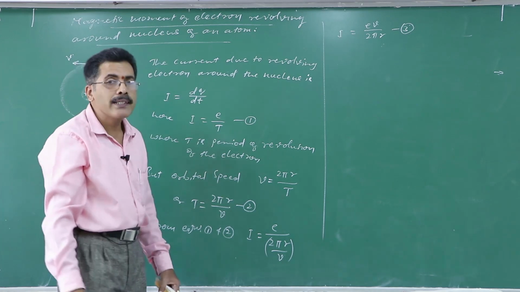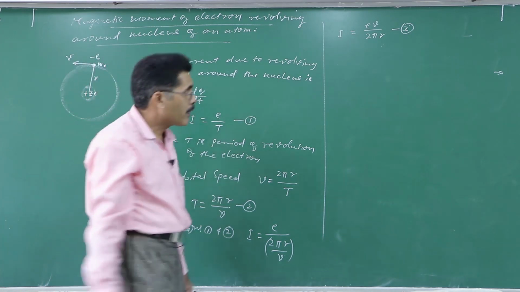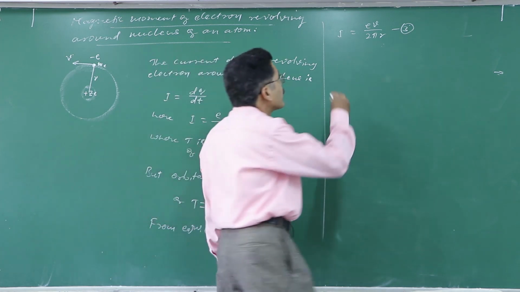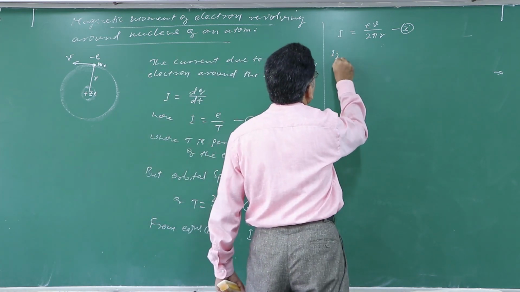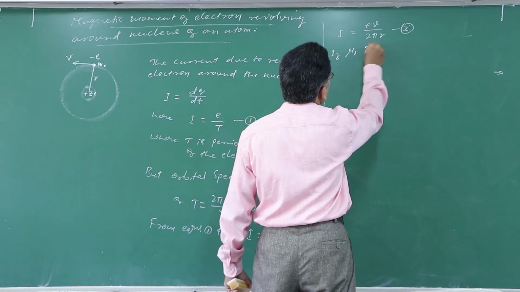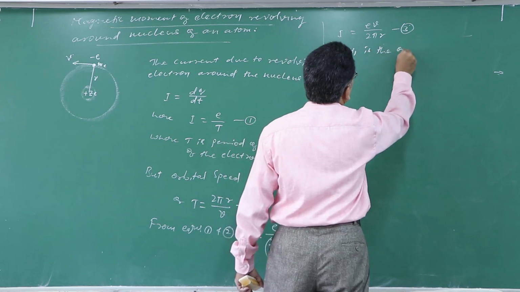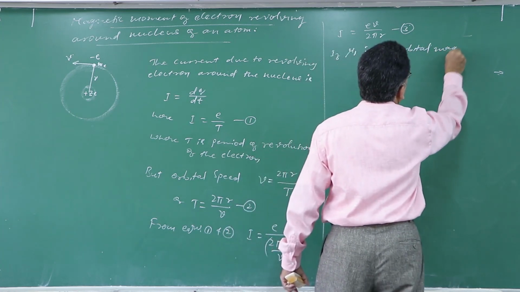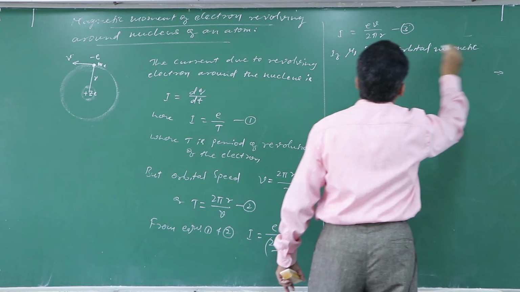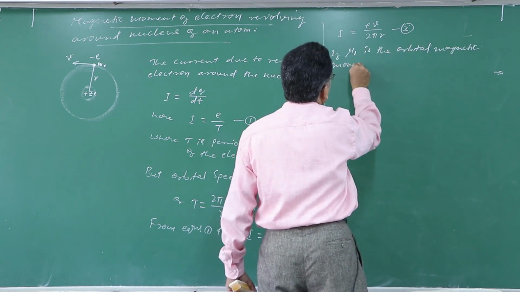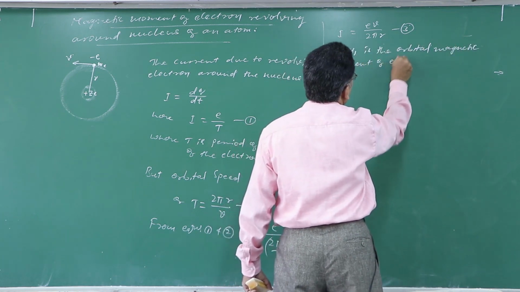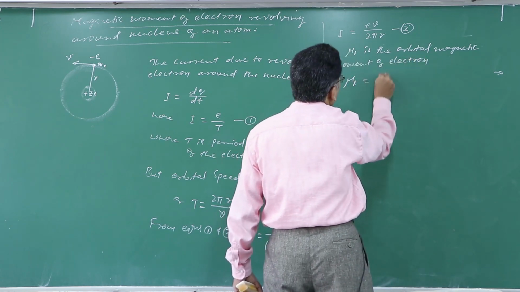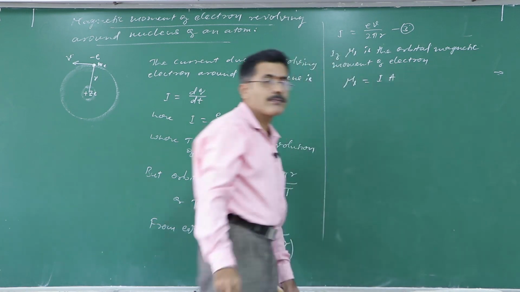If mu is the magnetic moment, you know that magnetic moment is given by current into area. If mu L is the orbital magnetic moment of electron, mu L is equal to I into area.